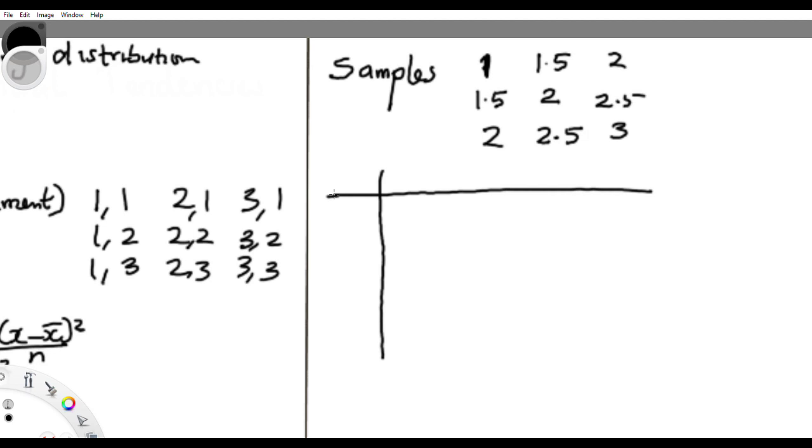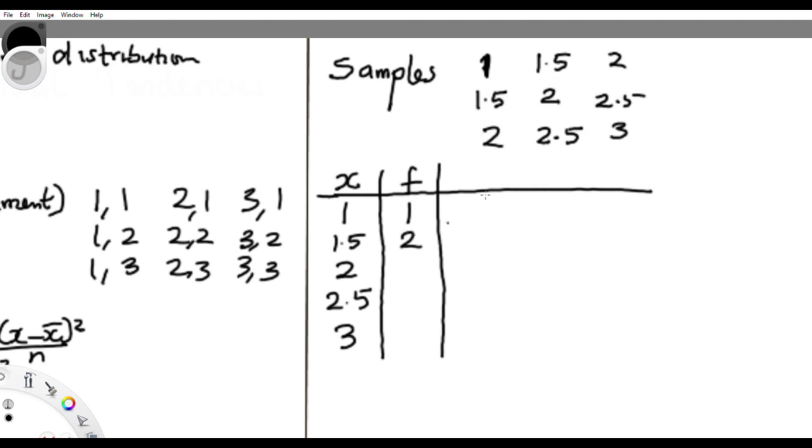In the table, this is the x. I'm just going to pick one of each: 1, 1.5, 2, 2.5, then 3. And the frequency for 1 is just 1. You have 2, then 3, then 2, and then 1.